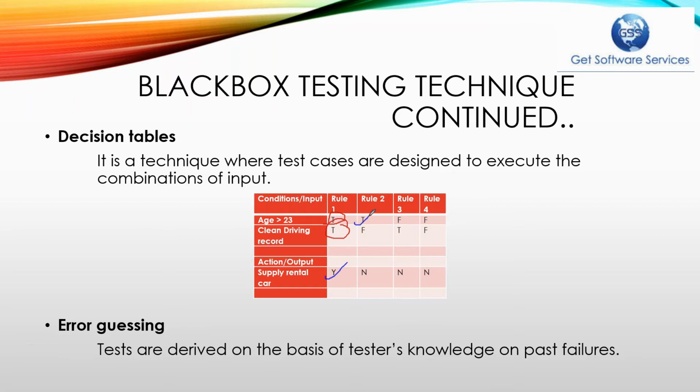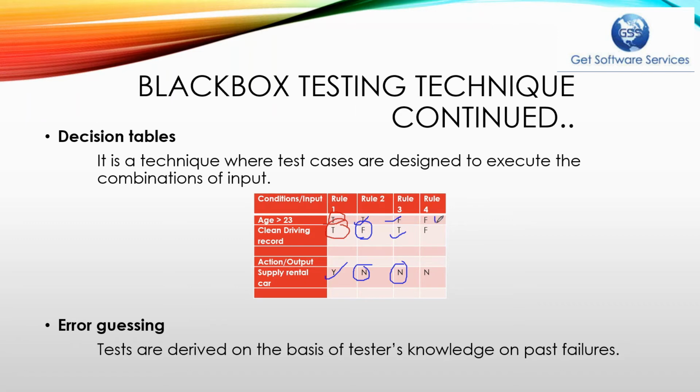What if a person's age is greater than 23 but he does not have a clean driving record? Then he should not be given a rental car. What if his age is not greater than 23 but he has a clean driving record? Since his age is not greater than 23, he should not be given the rental car.